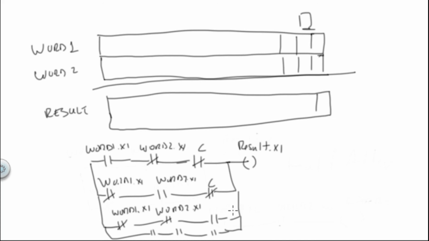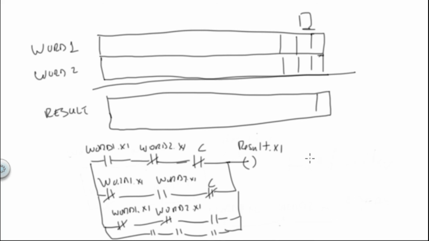And now, what would it take for a carry? There's quite a few, there's a combination for that as well. Any two or all three would give you a carry, right? So word 1 and word 2, word 1 and C, word 2 and C, or word 1 and word 2 and word 3 would give you a carry.